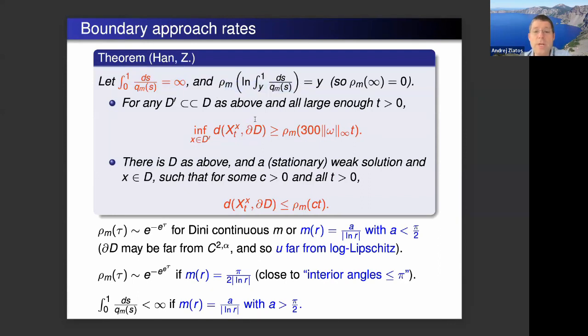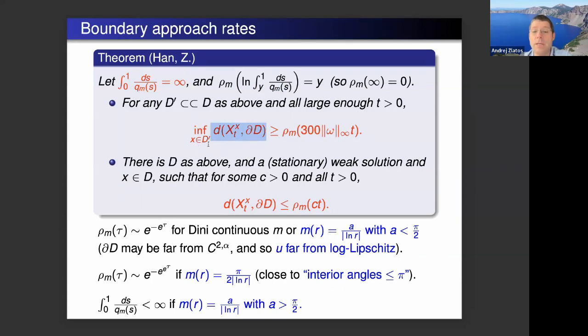I will skip the description, but this function actually is the double exponential rate, E2 minus E2 tau, rho tau, for all Dini moduli of continuity, so including Euler. And so it says basically that the approach rate to the boundary is precisely given by that function.